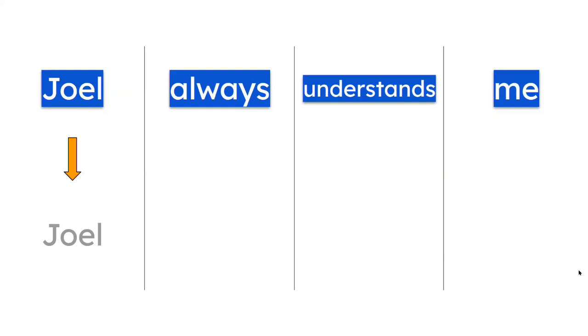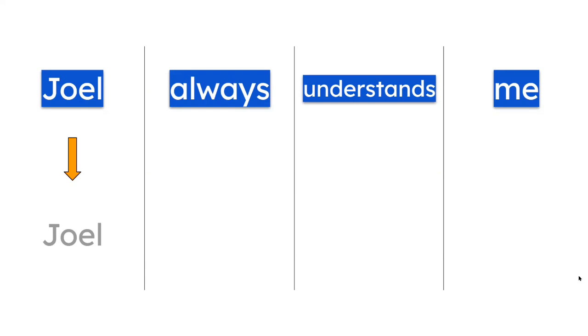Or sometimes you might hear Joel, but this is because it's an influence from English, okay? But even so, we keep the vowels different. We say yo, el. We don't say Joel as in English.